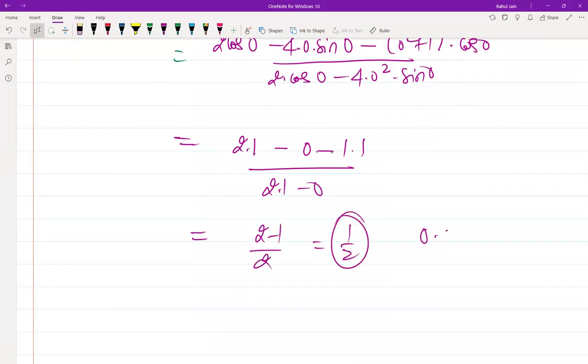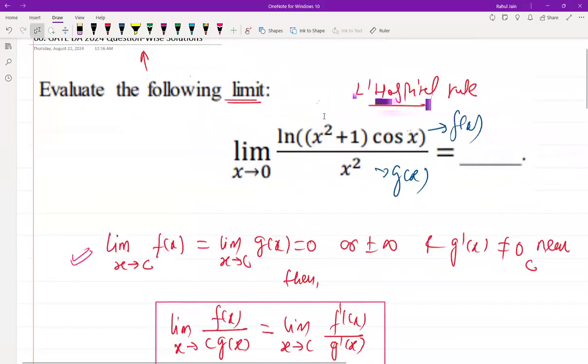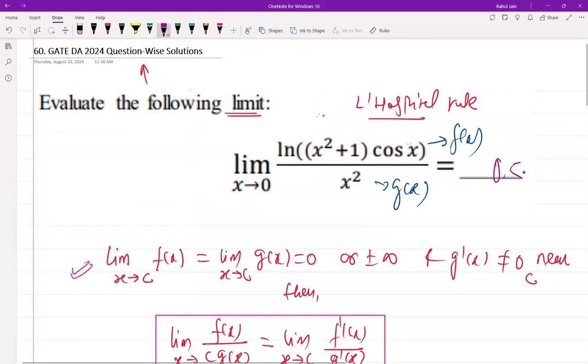So it is nothing but 0.5. As per this, we are getting the answer 1 by 2 or 0.5, right? So we can answer it 0.5 or 1 by 2.